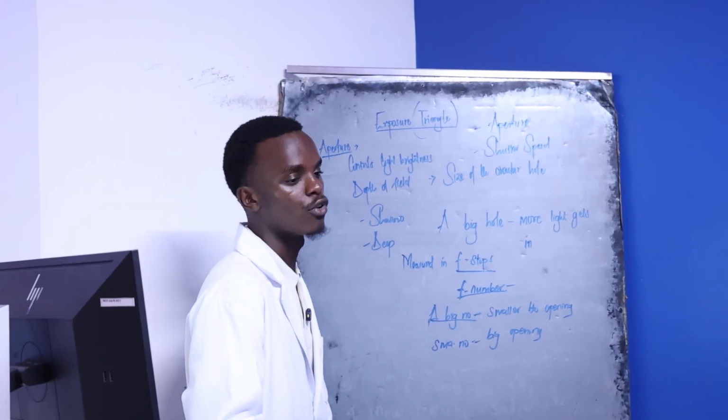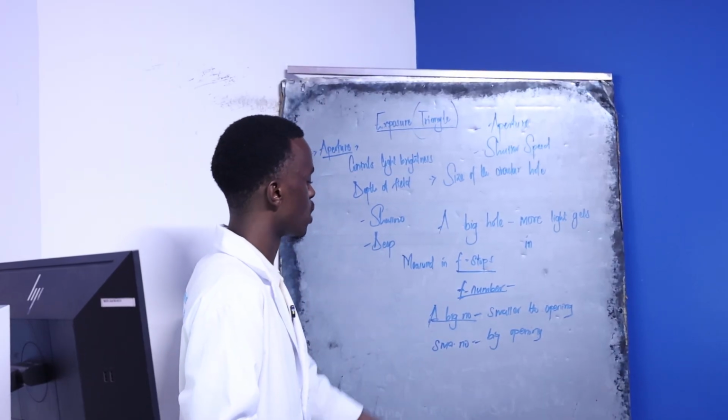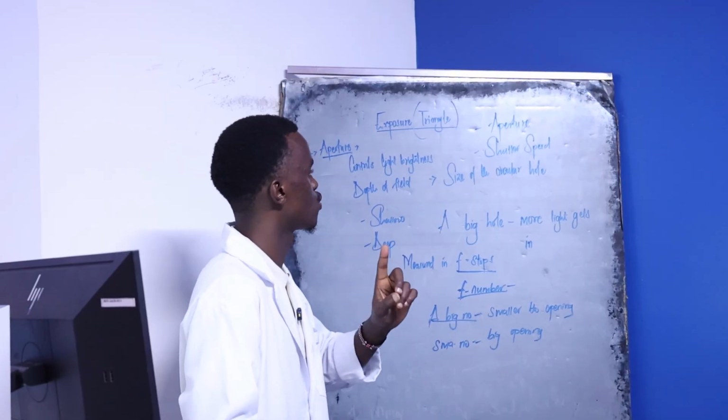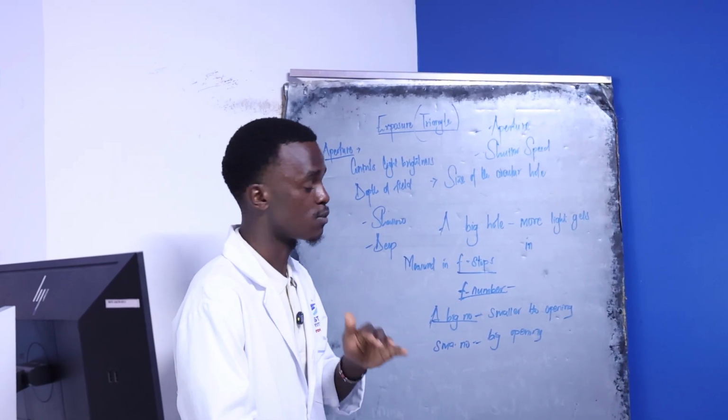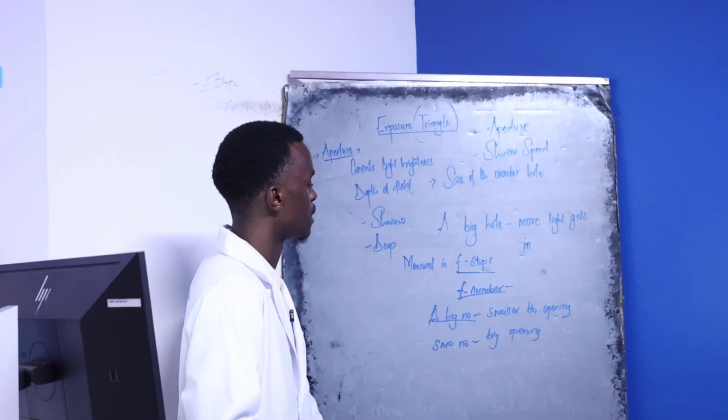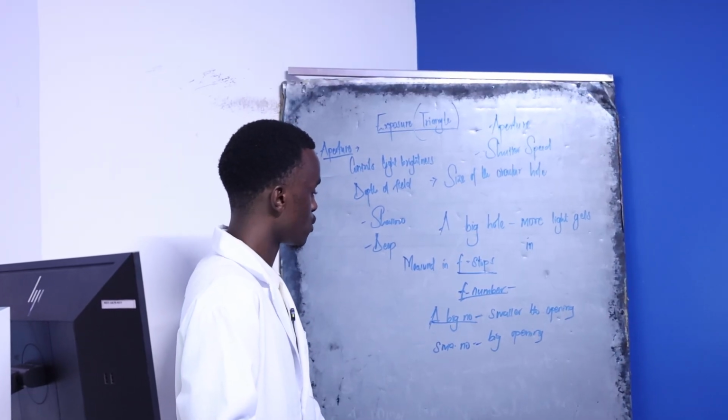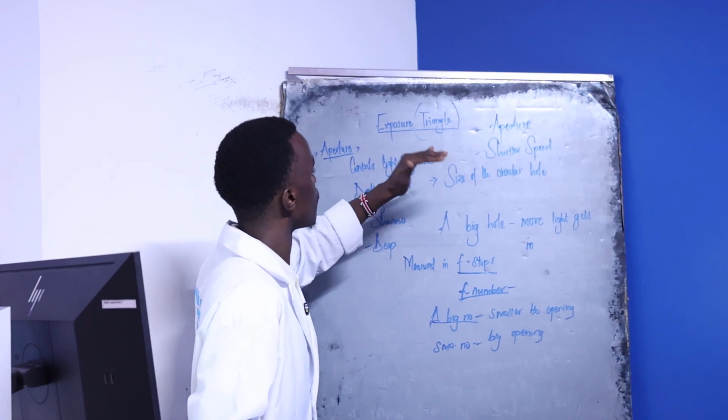Every camera uses this same formula to adjust light and make sure that your image or your clip is well exposed. So you have to know how they operate.